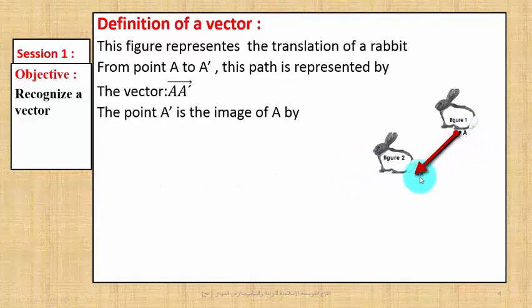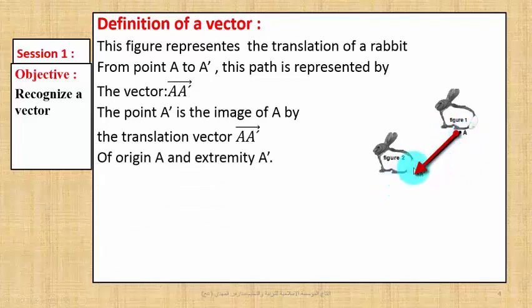The point A prime is the image of A by the translation vector AA prime. It is of origin A and extremity A prime. So vector AA prime is of origin A and extremity A prime.